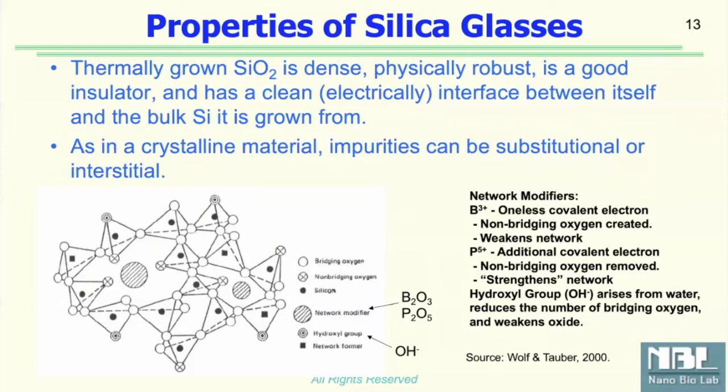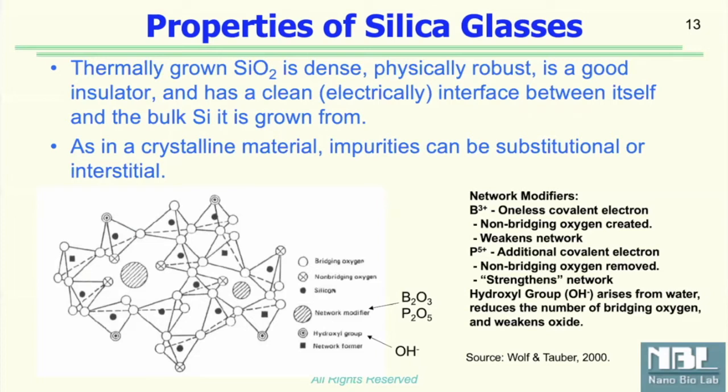And during that process, we can introduce some elements into it, like boron or phosphorus, which we call network modifiers. They can make it less strong so we can do the processing easily, or they can make it strong, depending on the use. Maybe we need a field oxide or maybe we need a gate oxide.